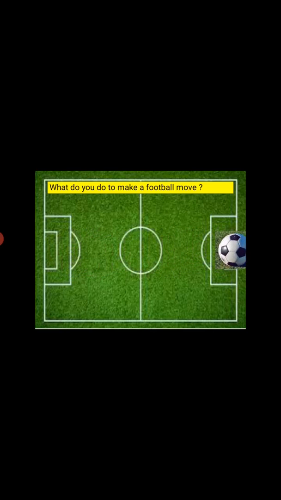Let's consider another example. How does a hockey player change the direction of a moving ball? Yes, a hockey player changes the direction of a moving ball just by flicking it with the stick.